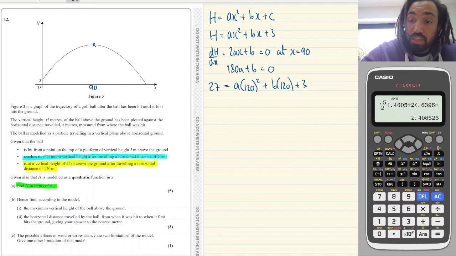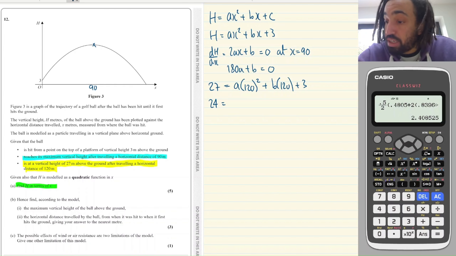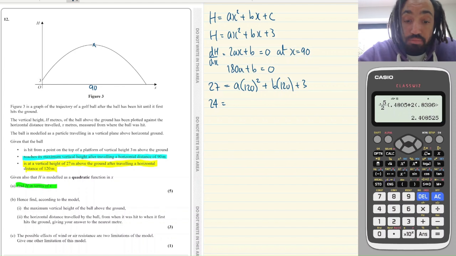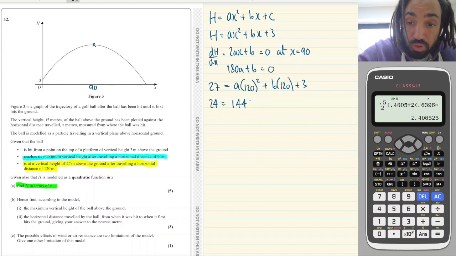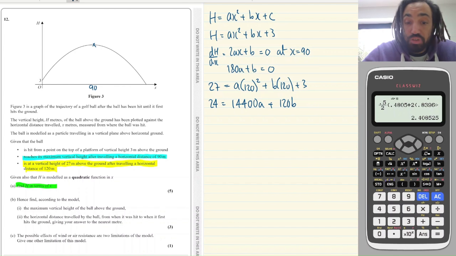Okay, so rearranging, subtracting 3 from both sides, so 24 is equal to 120 squared, which is 14400a, and then plus 120b.